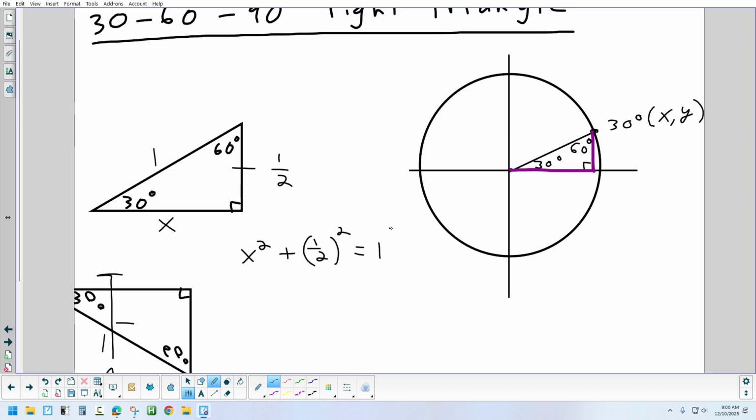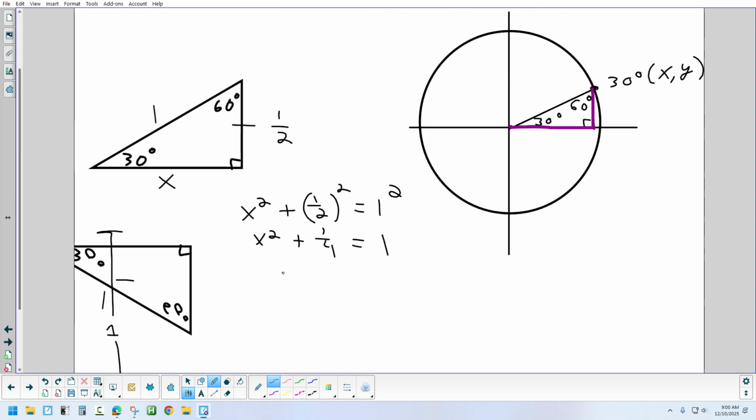Okay, so we got x squared plus 1/4 equals 1. So bring the 1/4 over. So we get x squared equals 3/4. And how are we going to get x by itself? Yep. The square root of both sides. And how do we take the square root of that fraction?